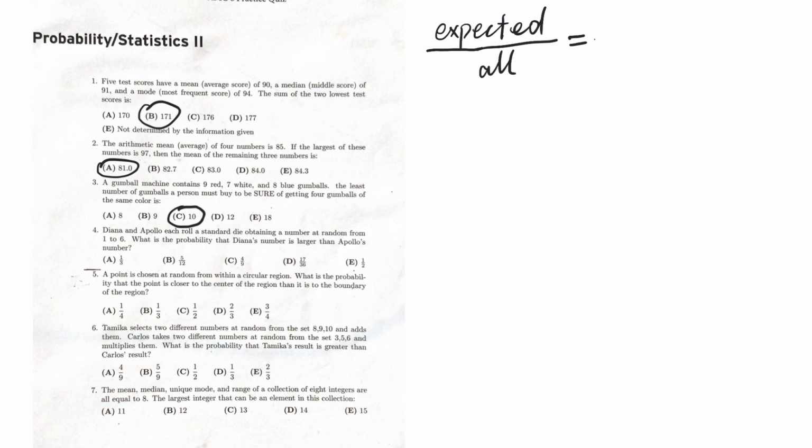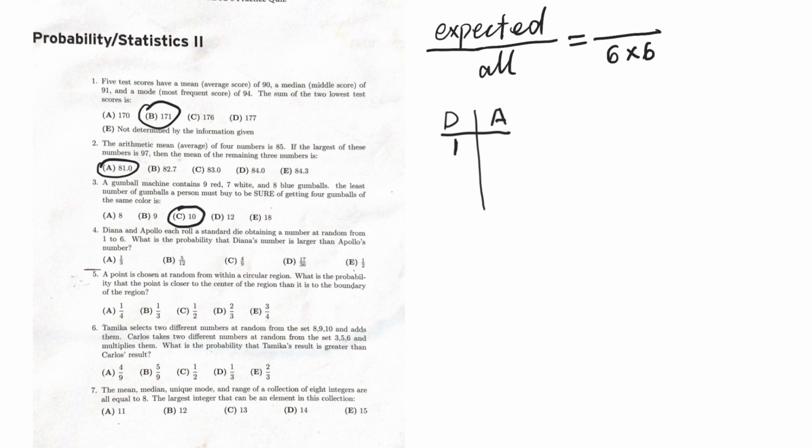All events for rolling the dice is 6 times 6. Each die has 6 possible numbers, so we have 36 possible choices. And what's expected? Diana's number must be greater than Apollo's.